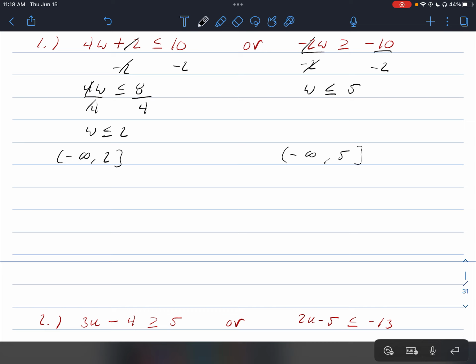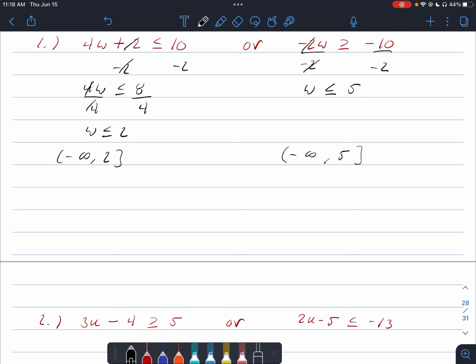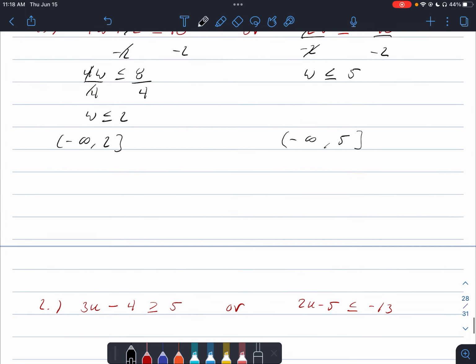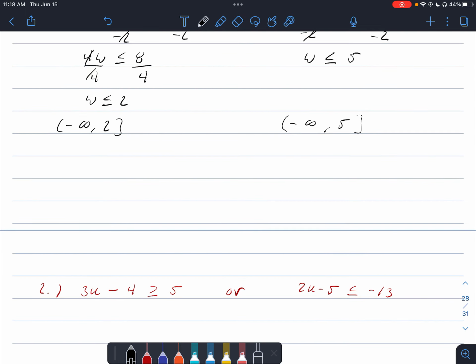Okay? And we want all values that satisfy either of these inequalities, really independent of each other. Okay? So to see how this works in concept, sometimes it helps to do a number line here. Okay?